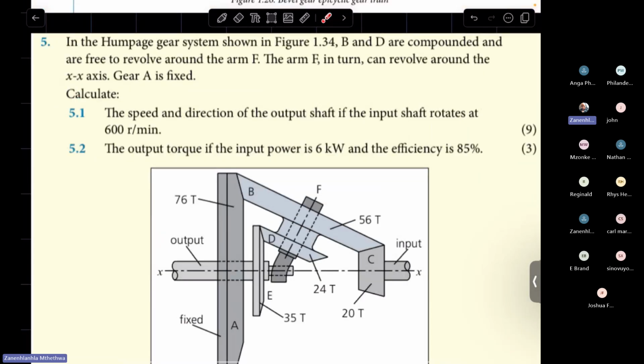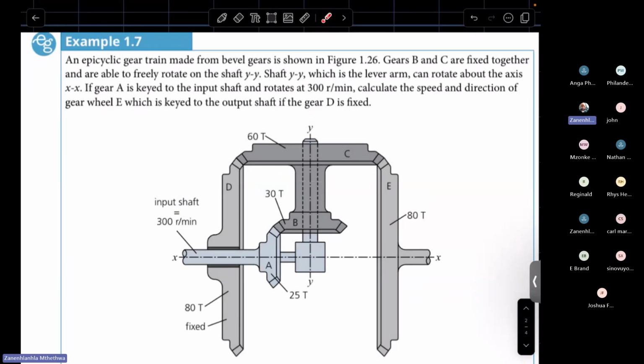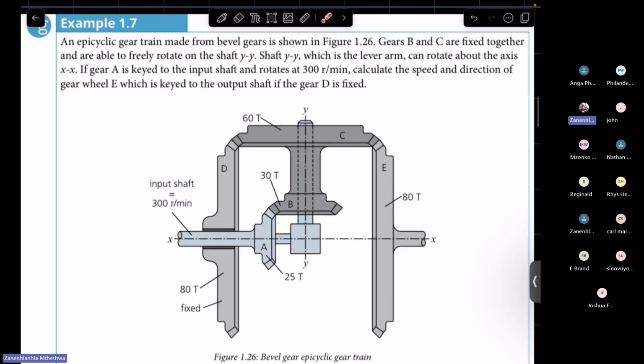No questions. Right. Now, like I said, under bevel gears, you get two types of epicyclic gear systems. I've already covered this one. The other one is called an epicyclic gear system made of bevel gears. So the way we treat this one is we only look at the gears that essentially surround the arm.